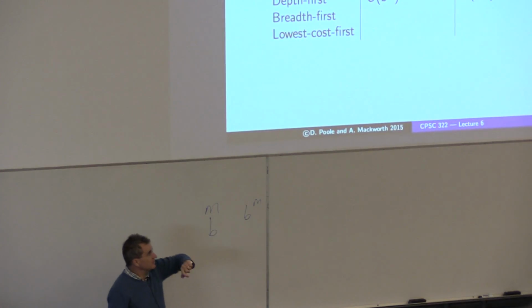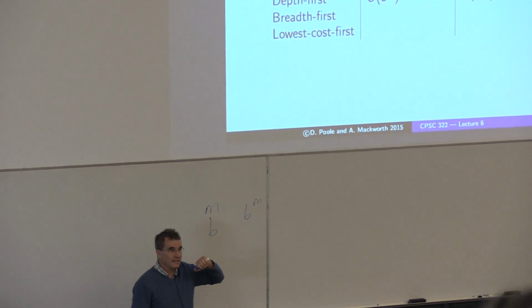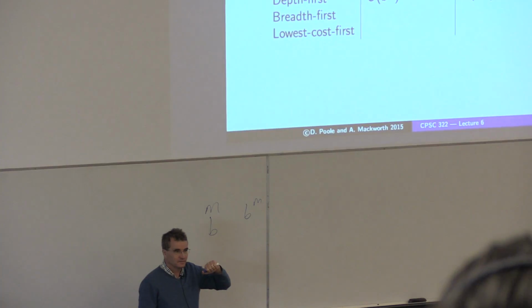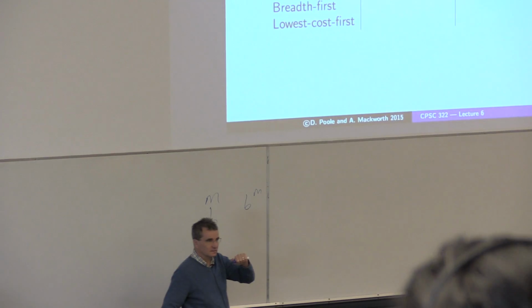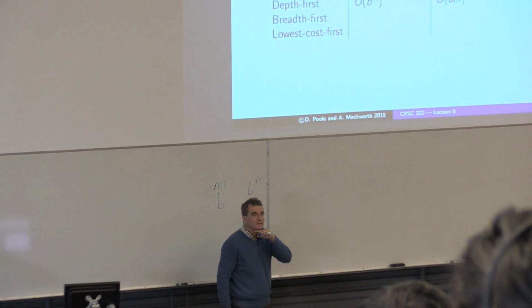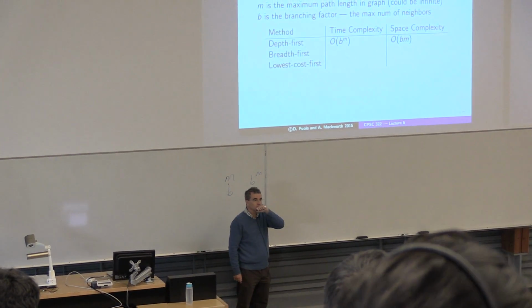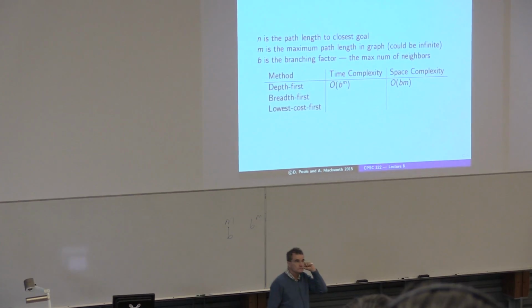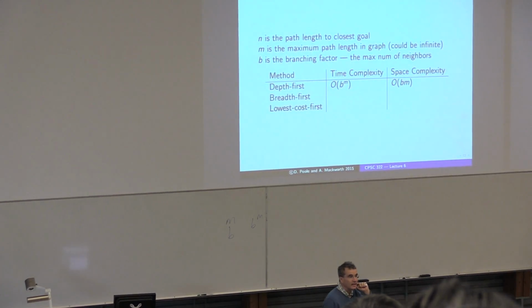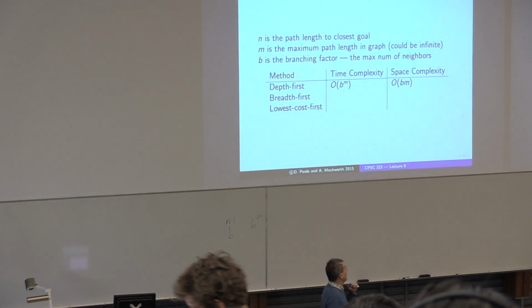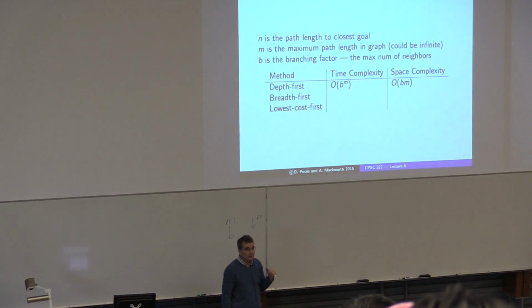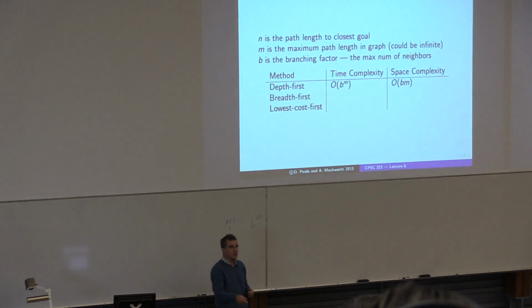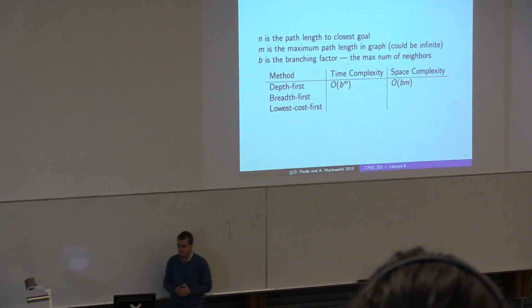So what about breadth first and lowest cost first search? What do they depend on? Right, it depends on n, the path length to the closest goal, and b, the branching factor. Okay, so in a big graph, it doesn't matter about these very long paths because we're not going to get to them.